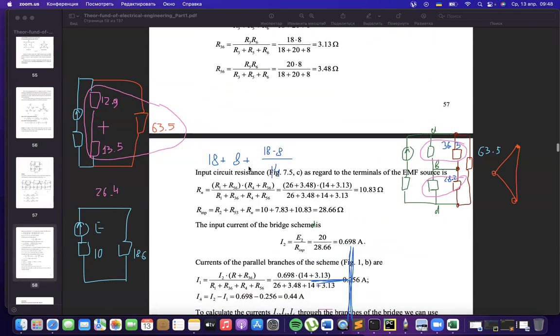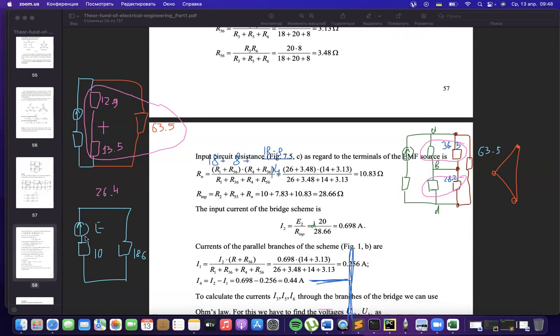And if you check the solution, here we get 28.6 altogether. And in the previous case, we also obtained 28.6 altogether.